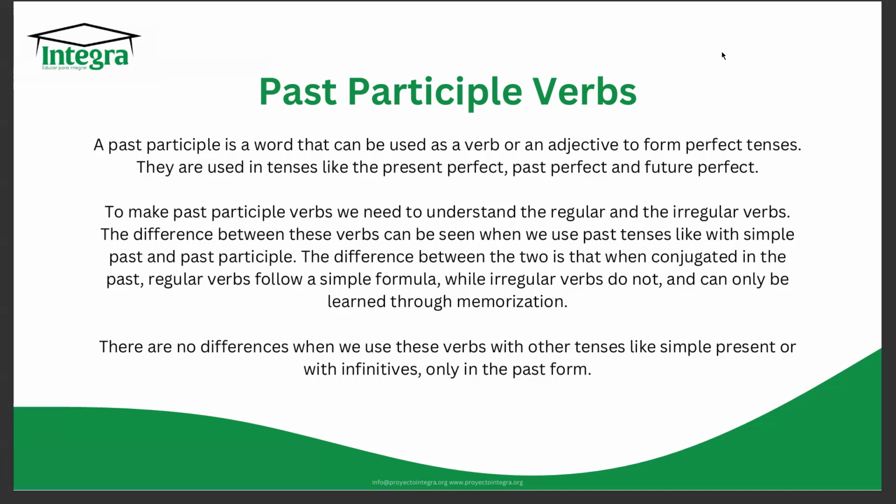In other types of tenses, like present and future, it is not visible the way that it is with past. And the difference between these two, the regular and irregular, is that when they're conjugated in past, they change a little bit. So for regular verbs, we follow a very simple formula.